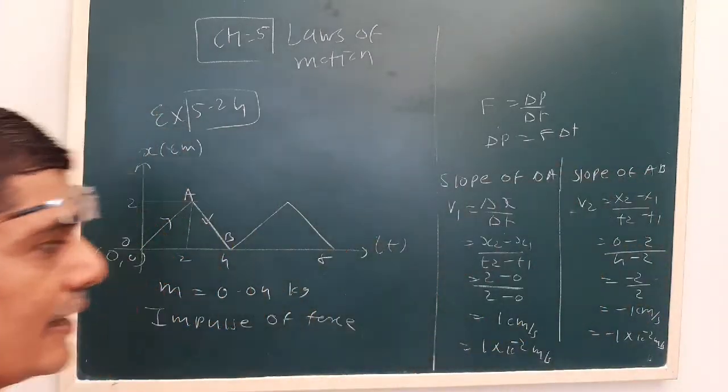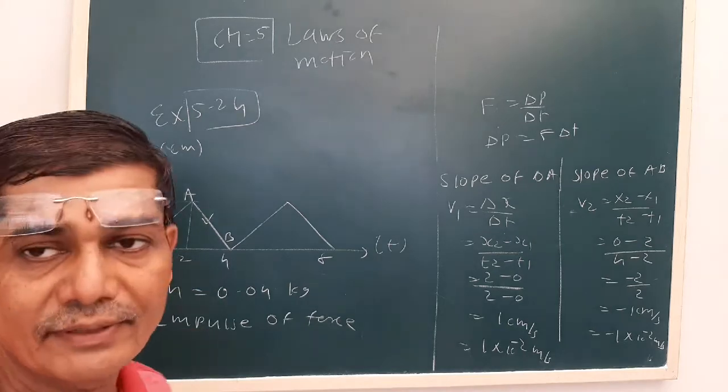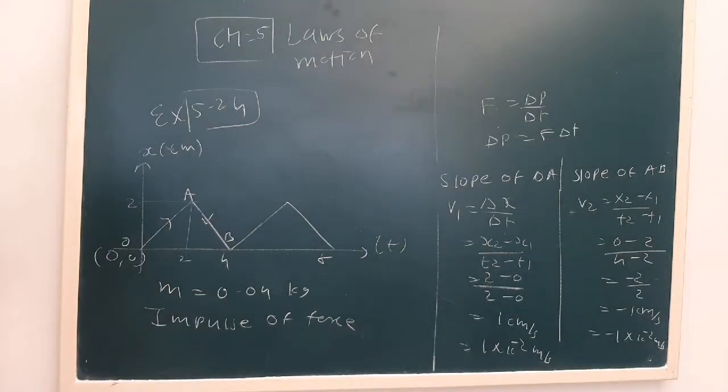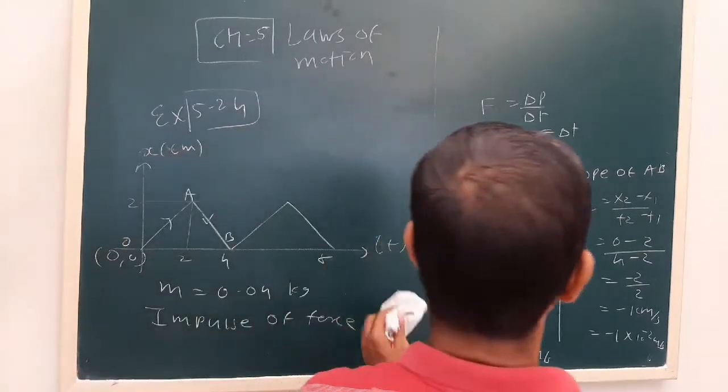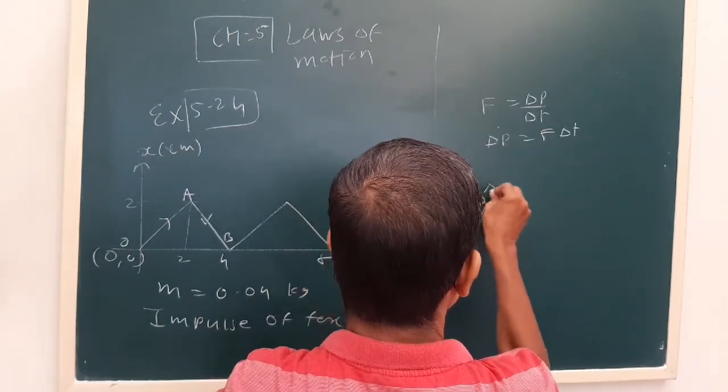Okay, this is a symmetric triangle, so the slope value is the same, but see the direction is different. Now see, the change in momentum is m into V2 minus V1, which equals F delta t, that is impulse.